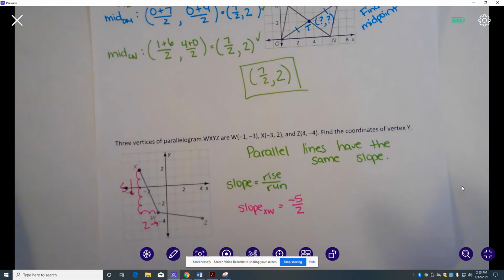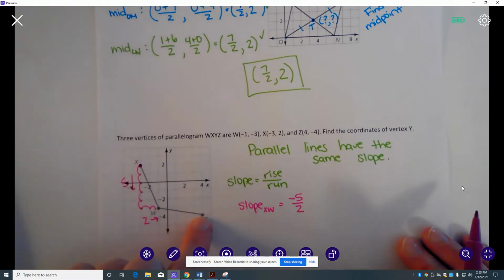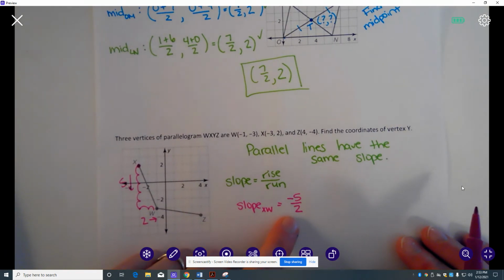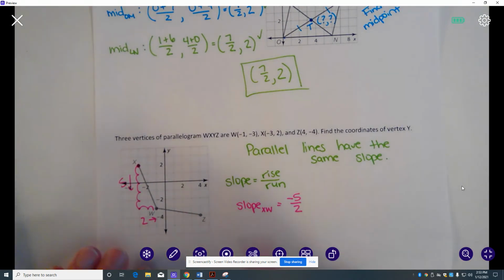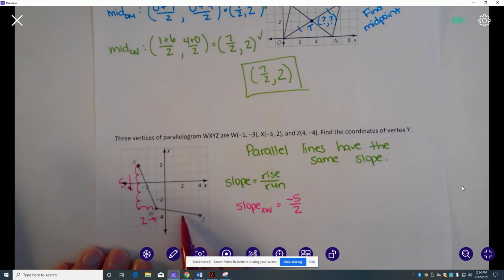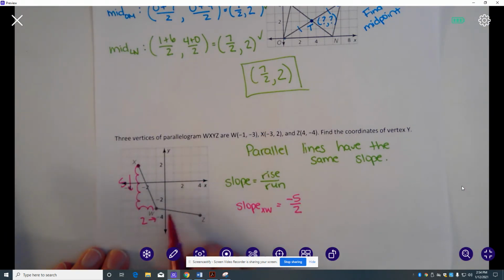And so I know that the slope of the line segment that it's opposite to also needs to have a slope of negative 5 over 2. So I start at this point and count that slope backwards. I'll count 2 to the left and 5 up to get a slope of negative 5 over 2. I'm going to do the same thing over here, just in reverse.